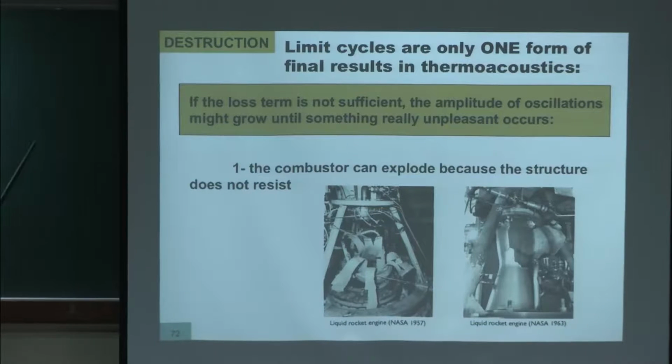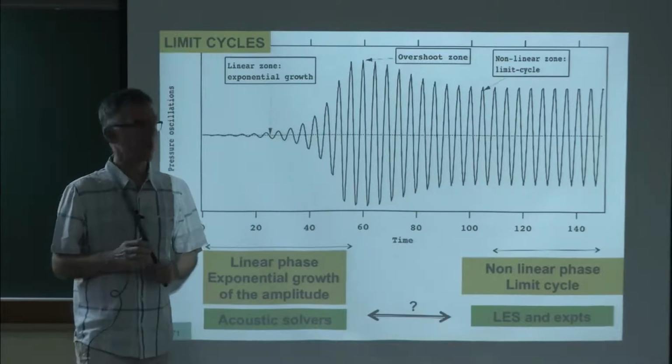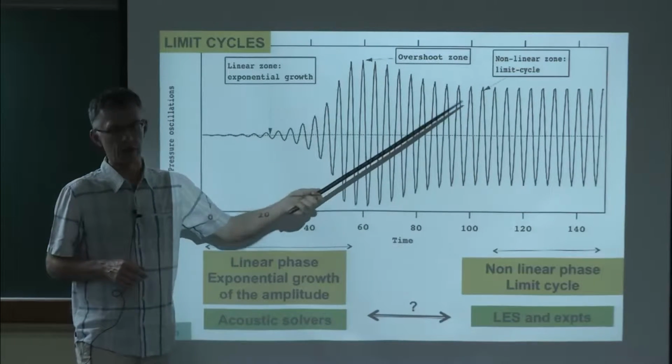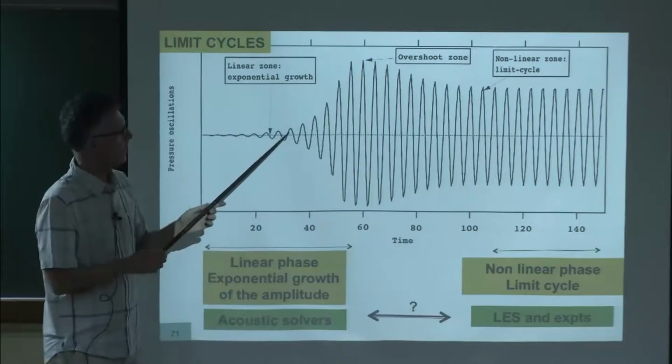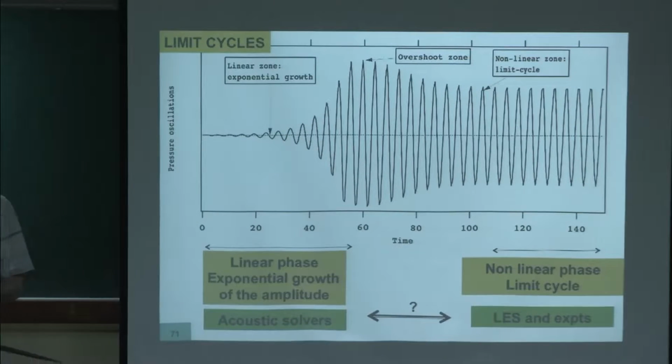Now, the limit cycle that you see here is only one thing which can happen. You have to be able to resist that. In many cases, the chamber cannot go to there. If it's a gas turbine, at some point along this line there is an accelerometer which is going to say, hey, you are vibrating too much, I'm shutting down the fuel. And you will shut the engine.